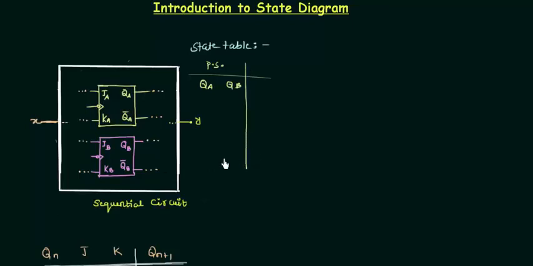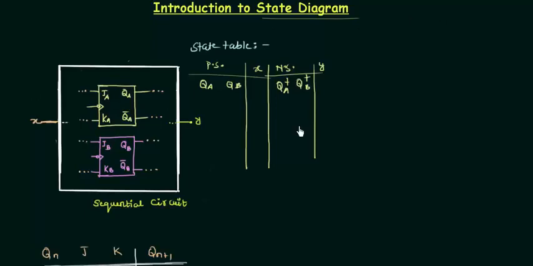Then this state will be changed by the value given to this sequential circuit, and we are giving X. So X is my input, and depending upon X the state will change. So in the next column I'm having the next state, and the next state is QA plus, QB plus, and finally my output Y. So this is a simple state table, and by using this state table I can have my state diagram, which is very important.